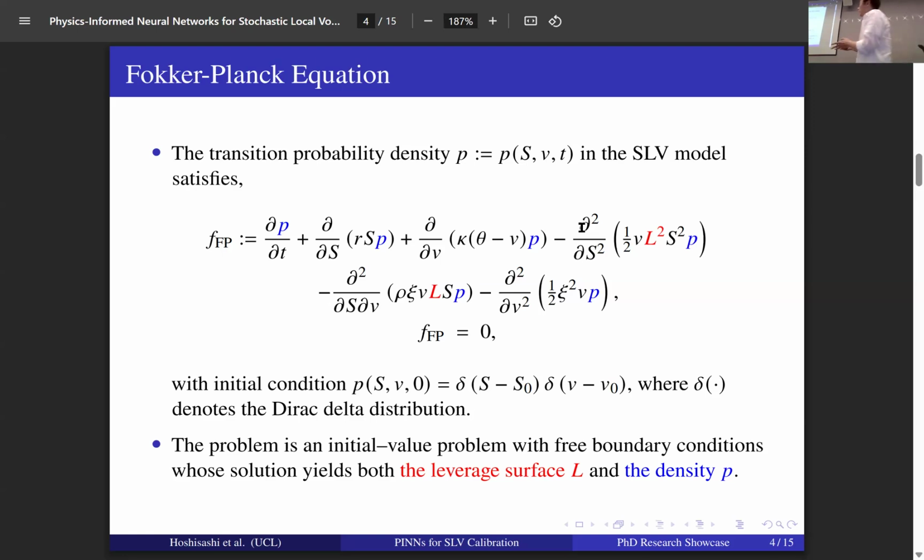So by this Fokker-Planck equation, our goal is how to calibrate or determine the transition probability density function, which is a three-dimensional value function, and we also need to get the leverage function.